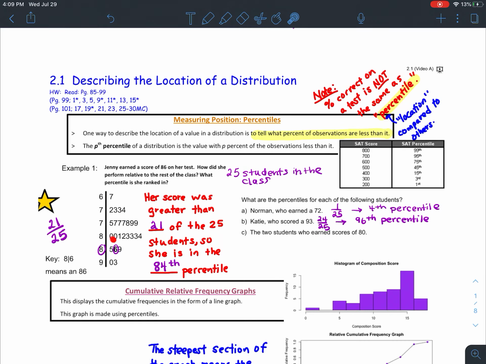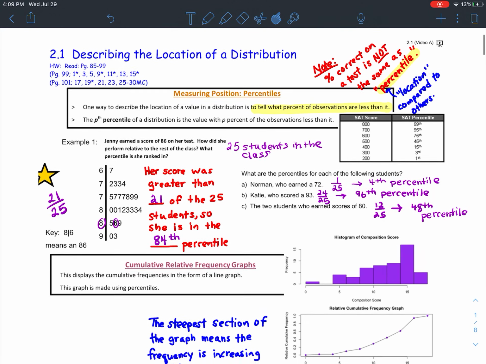So we're going to count the number of students that are underneath that: 1, 2, 3, 4, 5, 6, 7, 8, 9, 10, 11, 12. There were 12 out of the 25 who scored less than an 80%. That puts both of those students in the 48th percentile. So you kind of get the idea that a percentile is giving you your location as you compare to others.